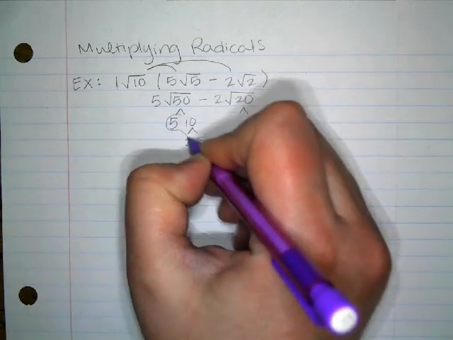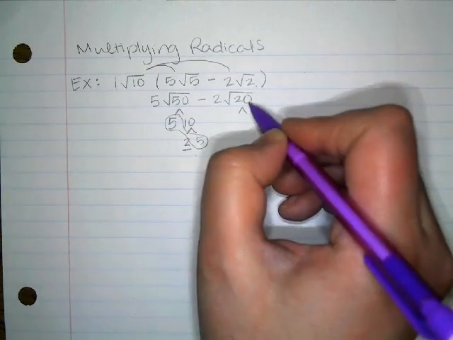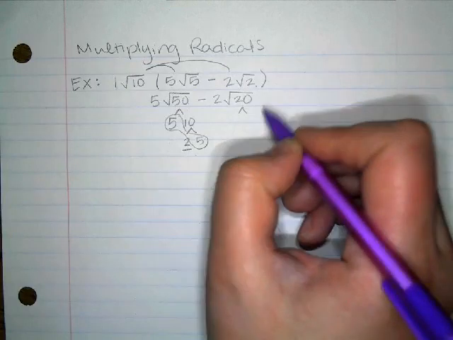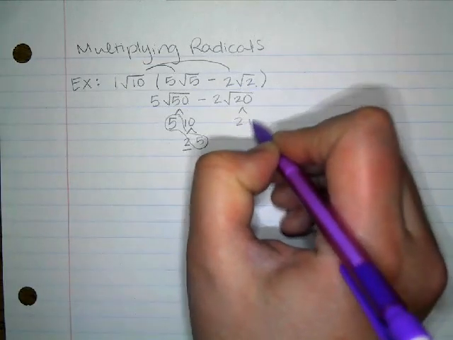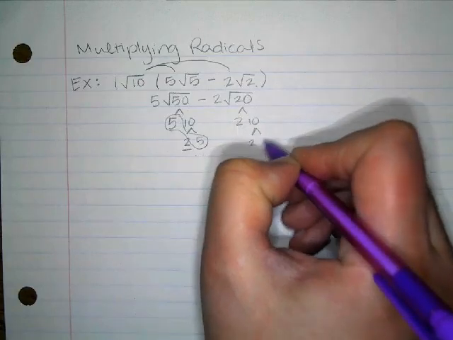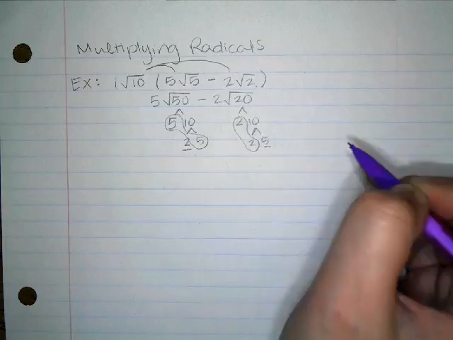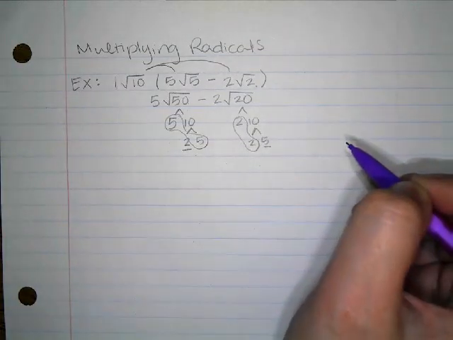So we got a pair of 5s and a leftover 2. 20 is going to break down to be 2 and 10. 10 is going to break down into 2 and 5. So we got a pair of 2s and a leftover 5. Okay?